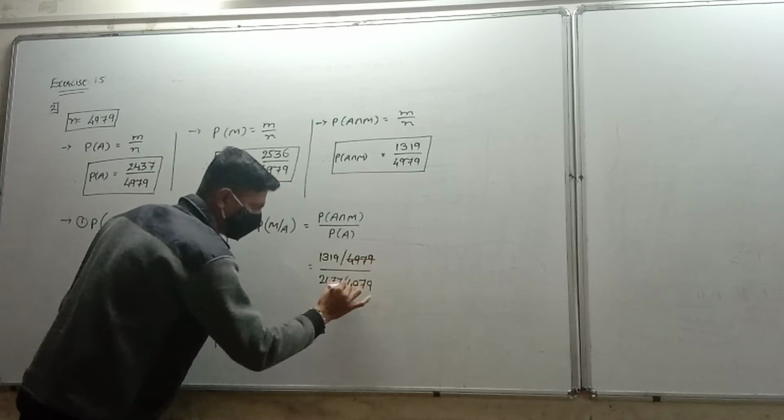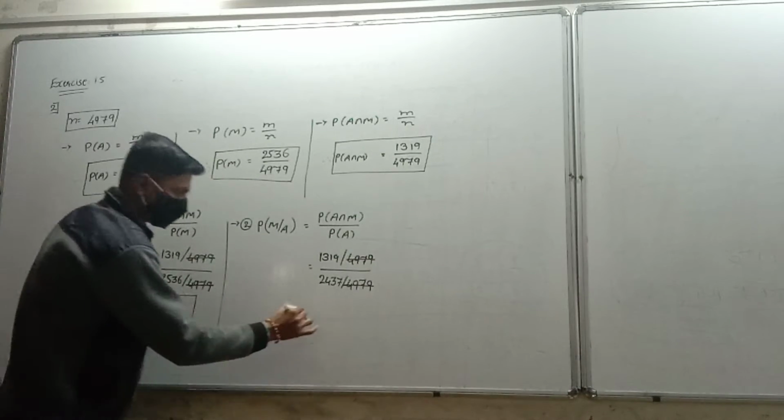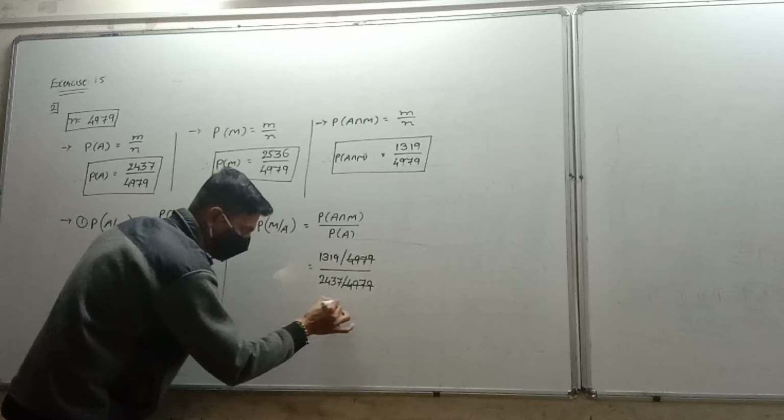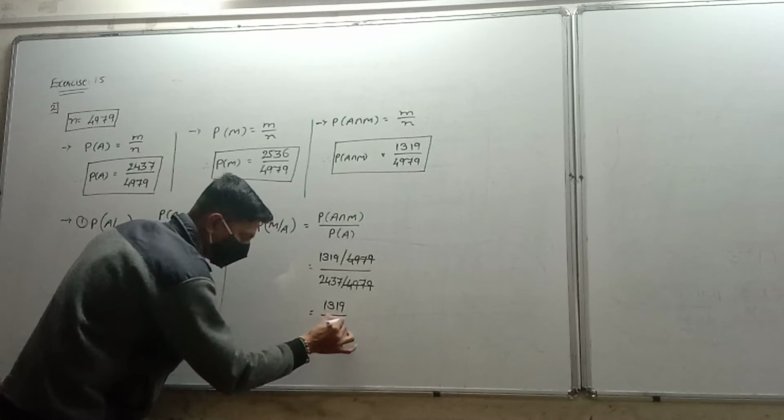Okay, numerator denominator 4979 cut. So the rest of the values write down 1319 upon 2437.